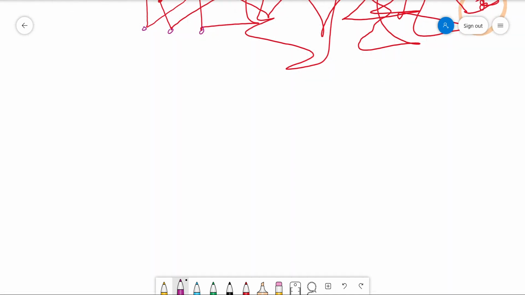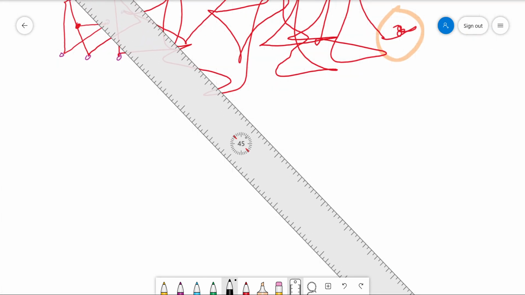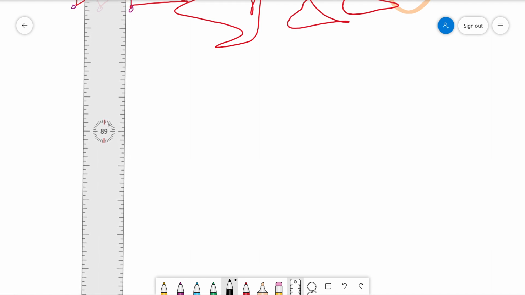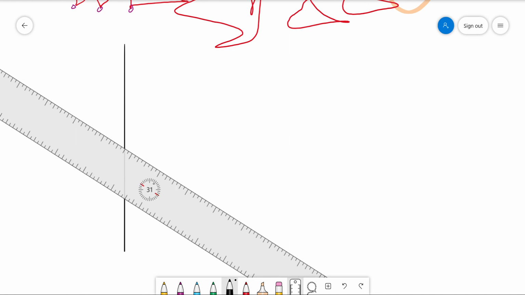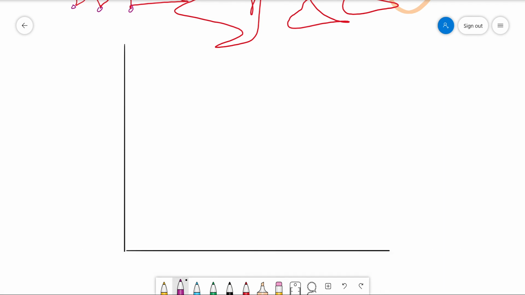So let's just look at distributions of velocities real quick. I'm going to draw two simple graphs. They're going to be very similar. Okay, this one we're going to plot.